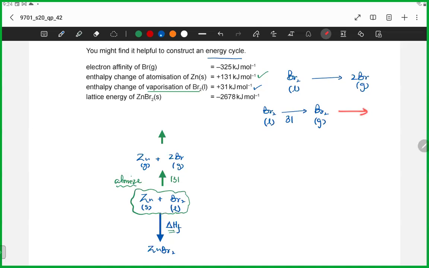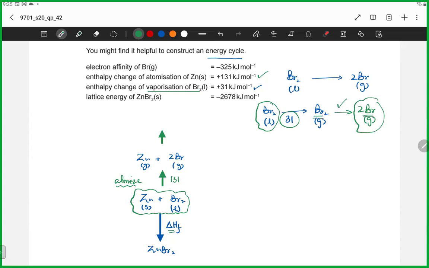So the next step after this 31 is that I'm going to break the Br-Br bond and get 2 Br gaseous atoms. So there's one thing missing. I want to go from bromine liquid to 2 bromine gaseous atoms. How do I break the bond?